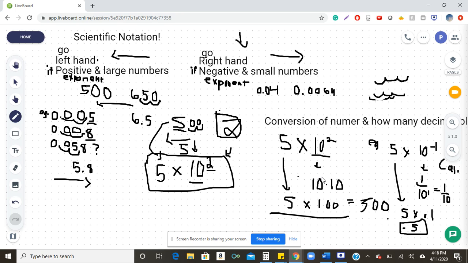From algebra you know 10 to the second is 10 times 10. So you take that 10 times 10 and you equal it to 100, and then you just do 5 times 100 equals the answer of 500.